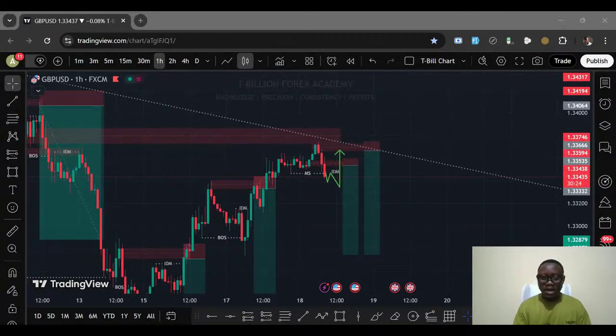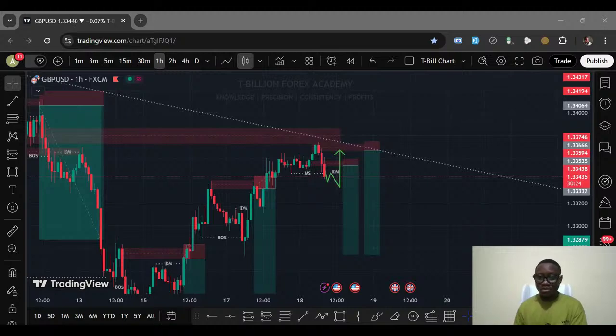So that is my bias on gold and GBP USD today. To wrap this up, our key lesson is structure. First and foremost, your directional bias is key. Whichever concept you use to establish your directional bias, please do so. That's one of the key steps to trading SMC.